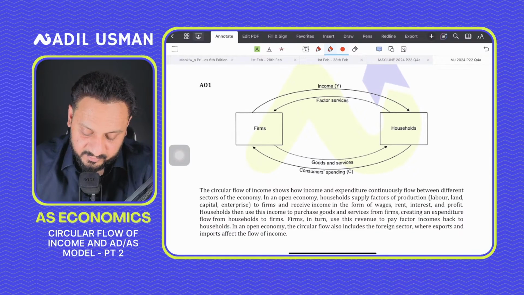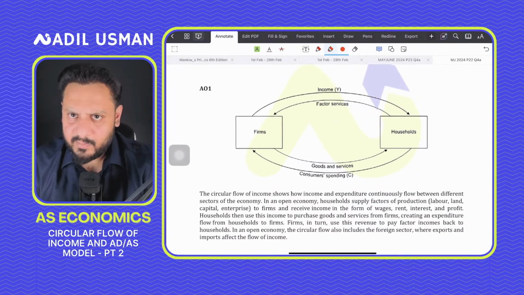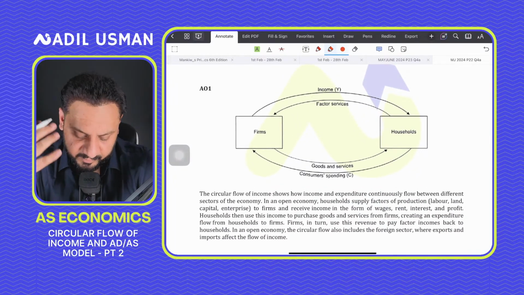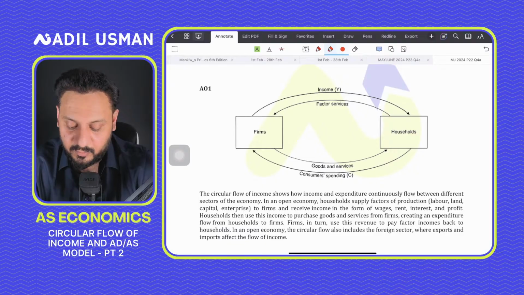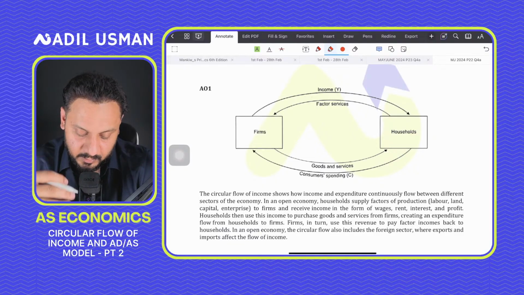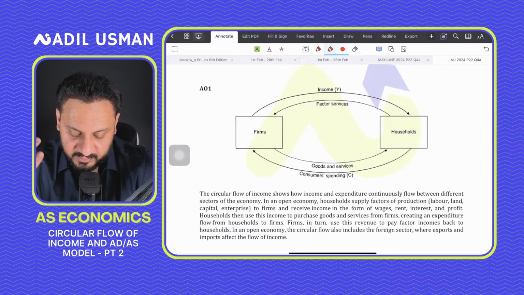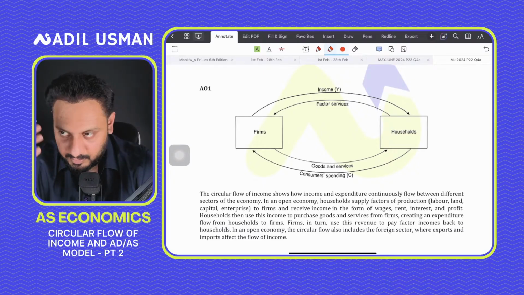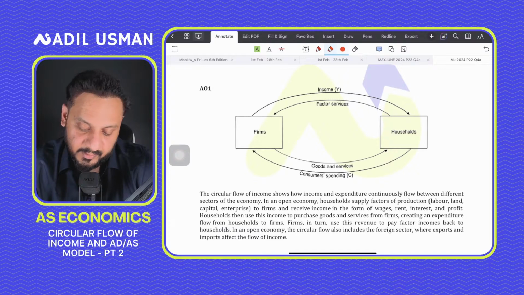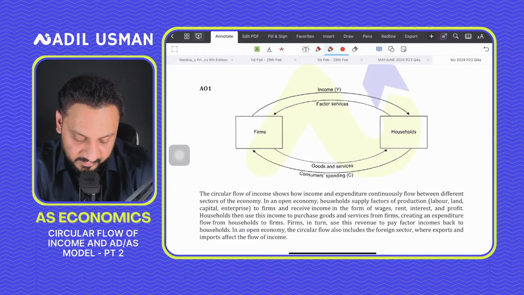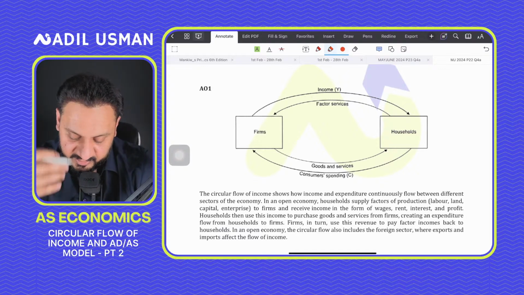And then you say that this is how it works. Households basically supply factors of production, and they receive factor incomes, and households will use this income to purchase goods and services.